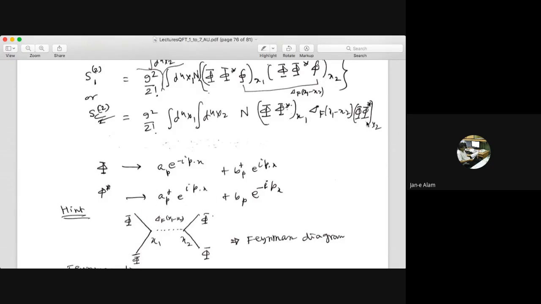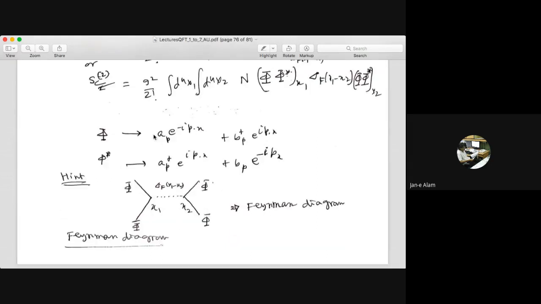So this is like a scattering of phi dagger to phi bar with an intermediate particle of small phi, which is denoted by this propagator. Why?